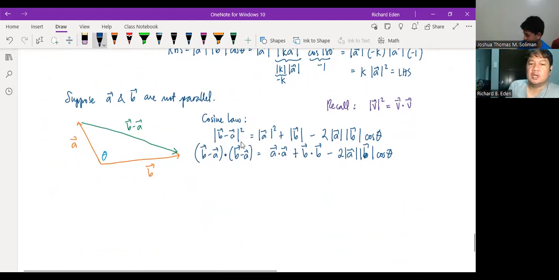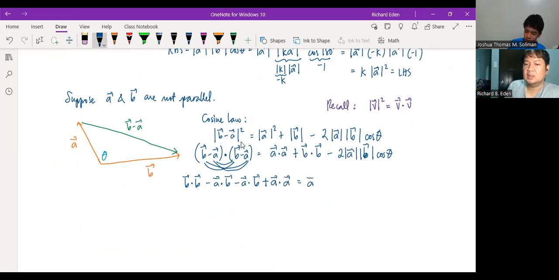So you can do B dot B and then B dot negative A, which you can write as minus A dot B because dot multiplication is commutative, another minus A dot B. And finally, minus A dot minus A, two negatives make a plus A dot A. A dot A plus B dot B minus twice the length of A, the length of B, and then cosine theta, and then we see that a lot of these things are going to kill each other.